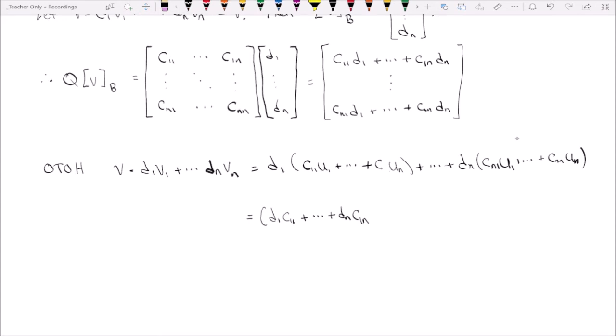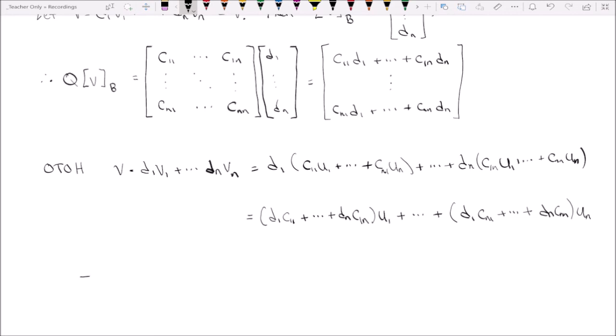That should be a cn1. This should be a c1n there. u1 plus so on and so forth plus now d1 cn1 plus so on and so forth plus dn cnn un.